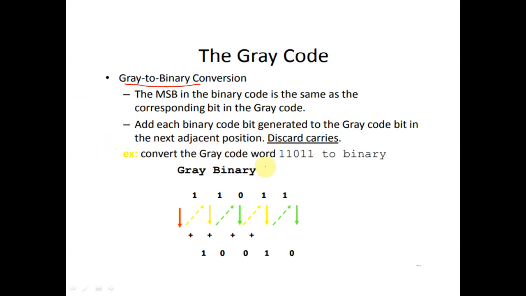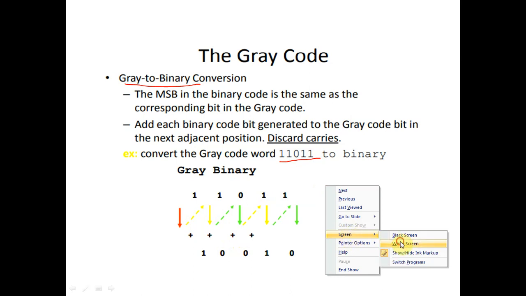This is the given Gray code number. How is it converted into binary? Look here. I am taking the example 1110. The MSB is as it is. This method is the Gray to binary. One is as it is.